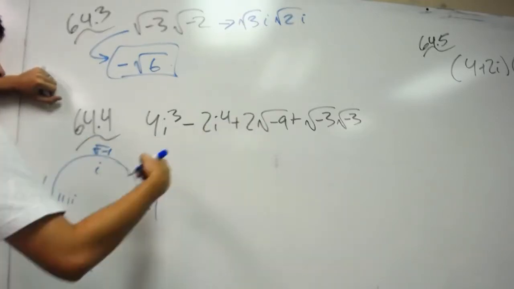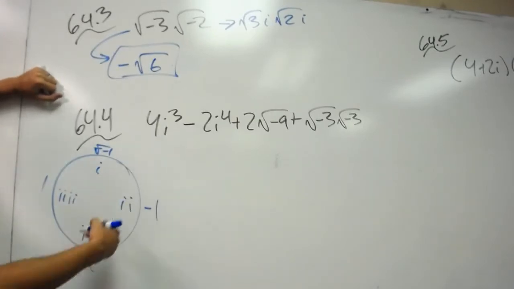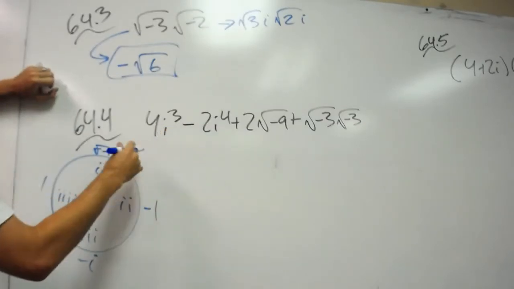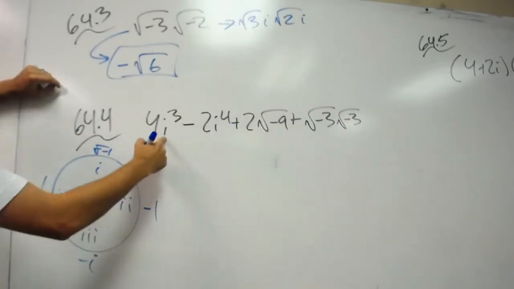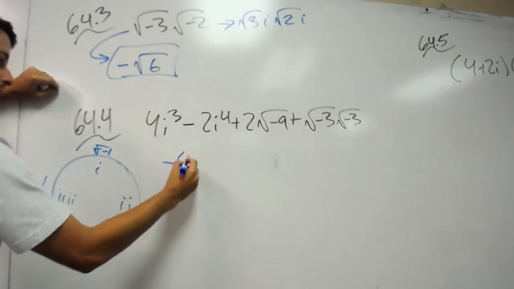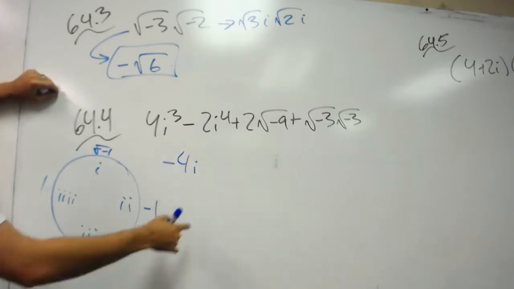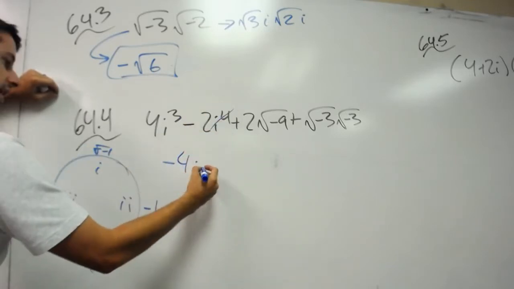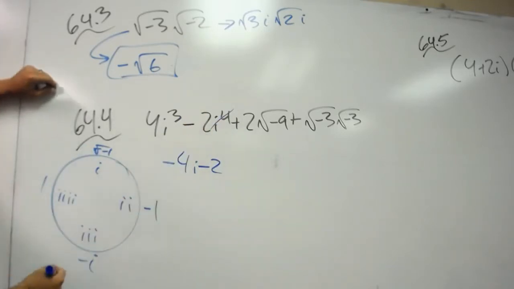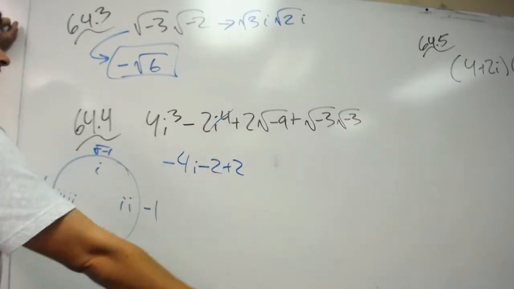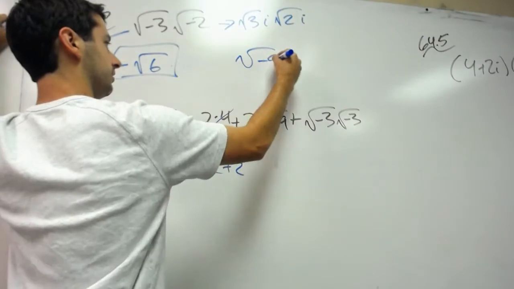Now let's look at simplifying some complex numbers. We have this situation here. What we want to do is look at all of these i's. Let's go left to right and see if we can simplify each of these individually. 4i cubed. Well, i cubed is a negative i, so that's going to become a negative 4i. i to the fourth is just a 1, so imagine crossing that out, so negative 2, because negative 2 times 1, plus 2, and we got this situation of a radical negative 9.